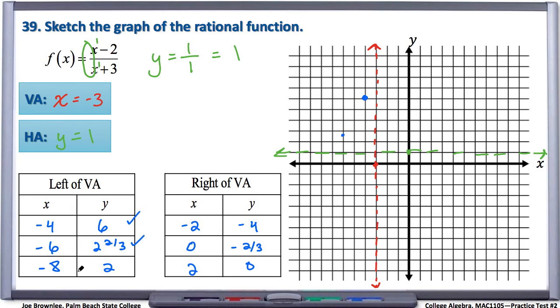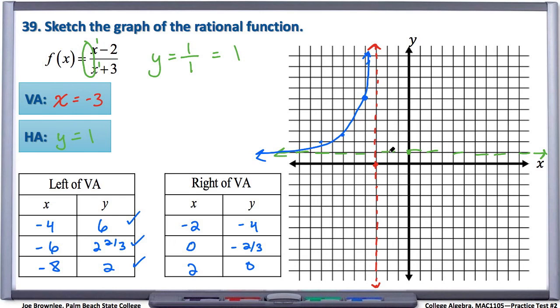Lastly, negative 8, 2: negative 3, negative 4, negative 5, negative 6, negative 7, negative 8, and then positive 2, somewhere about there. Based on those 3 points, we can see what our graph appears to be doing to the left of that vertical asymptote.